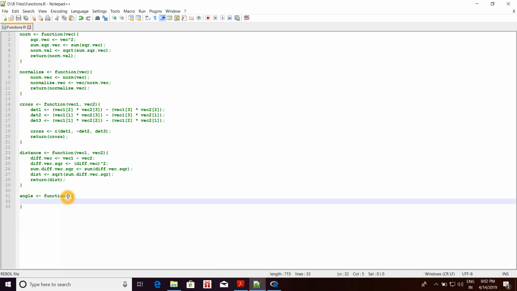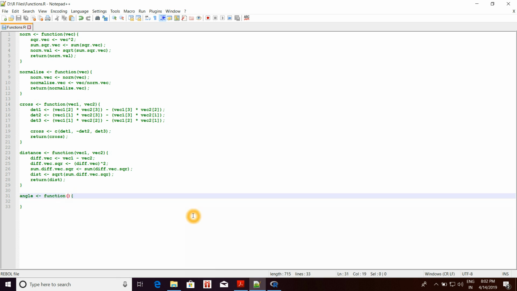So we need a function with two parameters, one is vec1 and another is vec2.